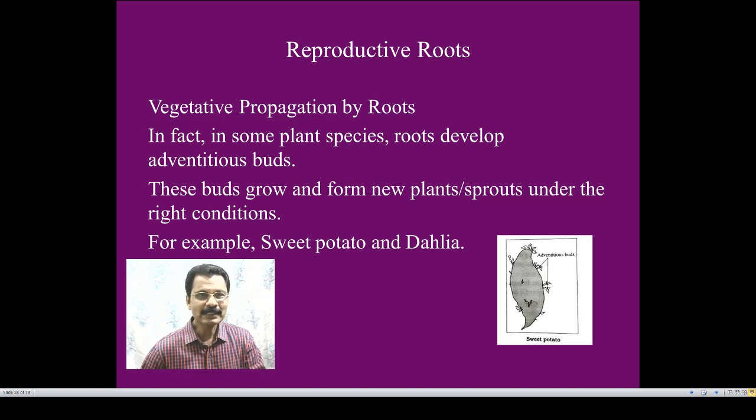So the roots are modified for reproductive purpose. In Dahlia, there also you can see adventitious buds produced from the root buds, and it grows into an individual one. So special functions. Okay.